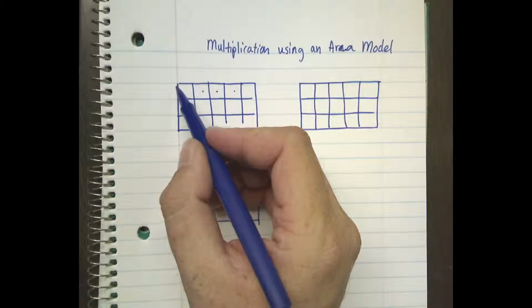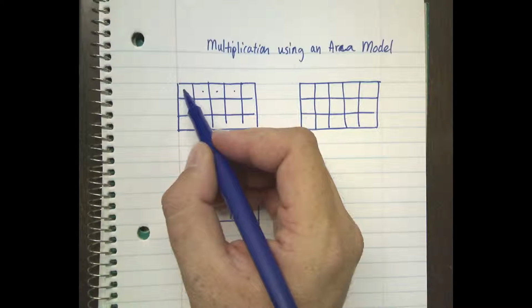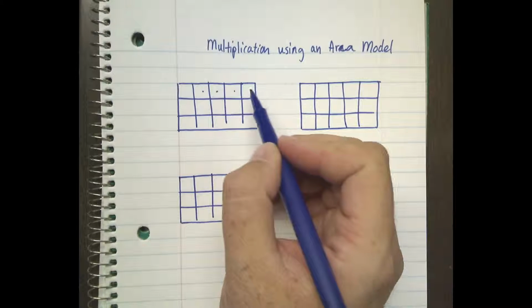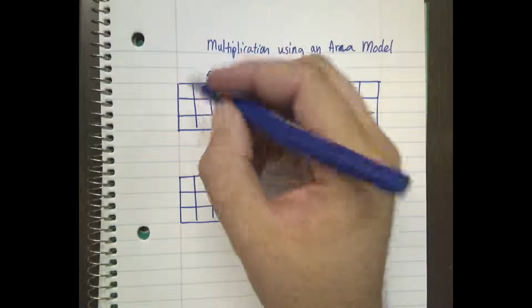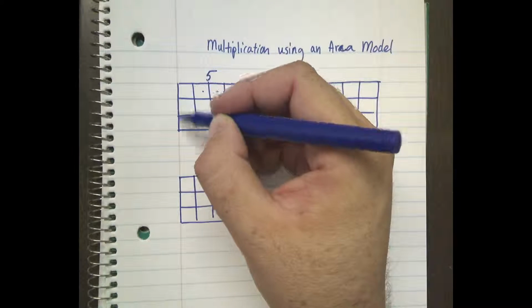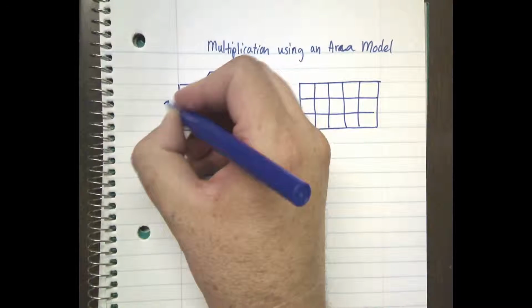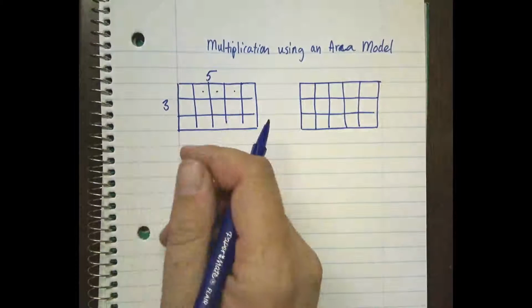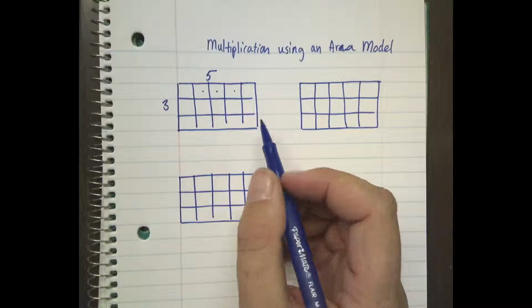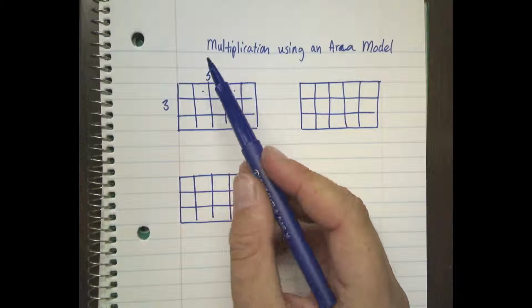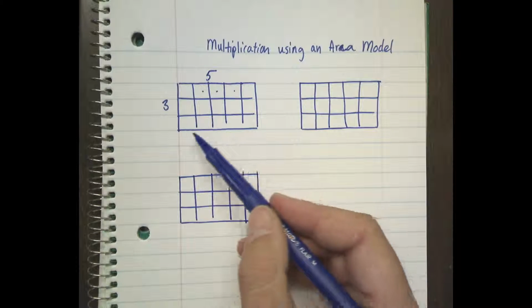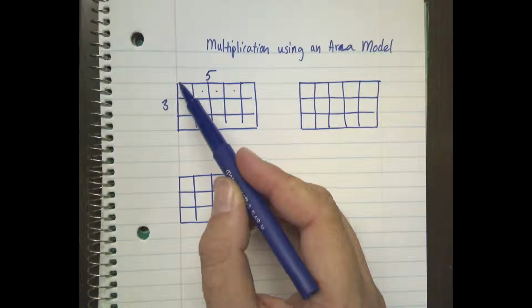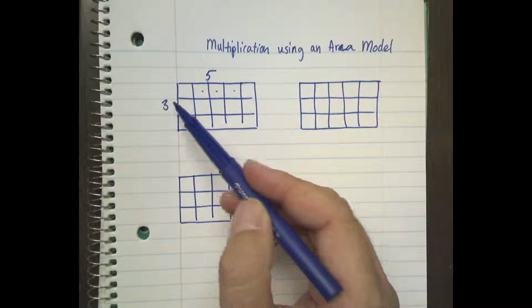The length of my house is 1, 2, 3, 4, 5 units long. And the width of my house is 1, 2, 3. So it is 3. I'm going to use a little bit of geometry. I know that the area of a rectangle, which my house is, is the length times the width.